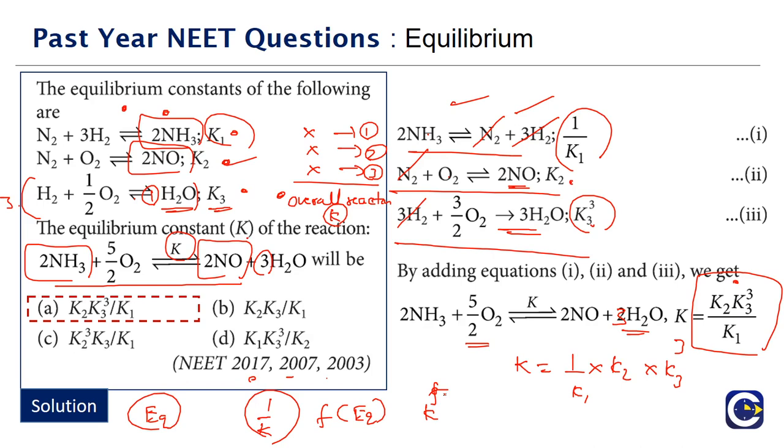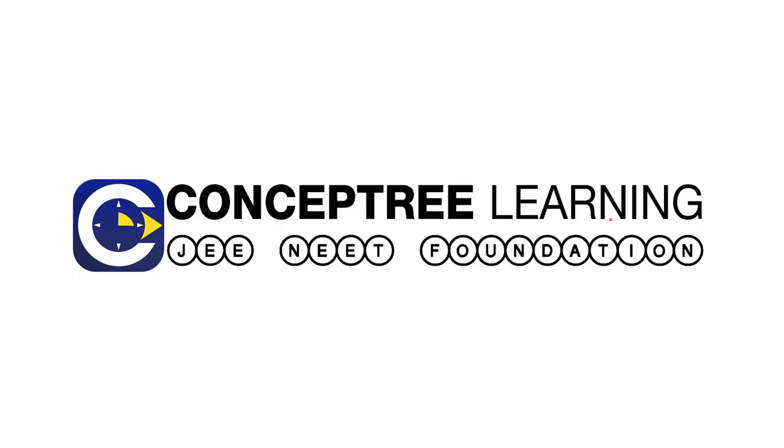These are the modifications in terms of the equilibrium constant. And if you have a set of reactions that add up to the overall reaction, then the equilibrium constant of the overall reaction will be equal to the product of the equilibrium constants of the step reactions. So this is about the part 1 video, and we will see in the part 2.